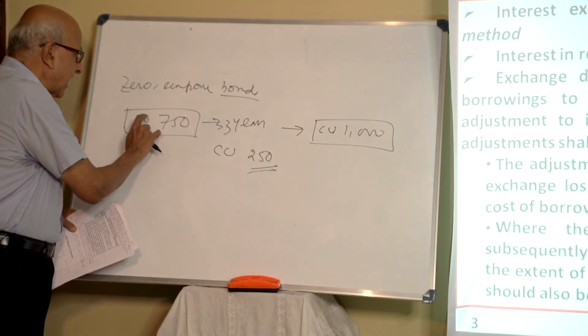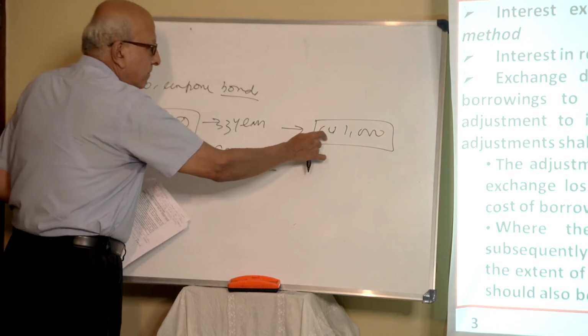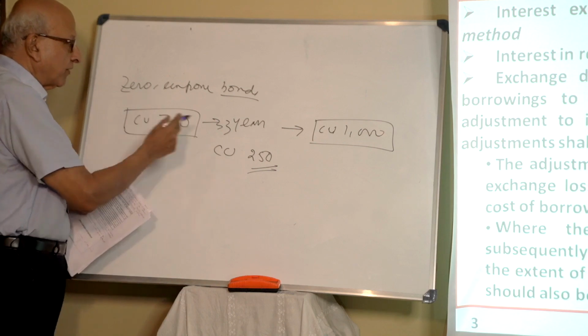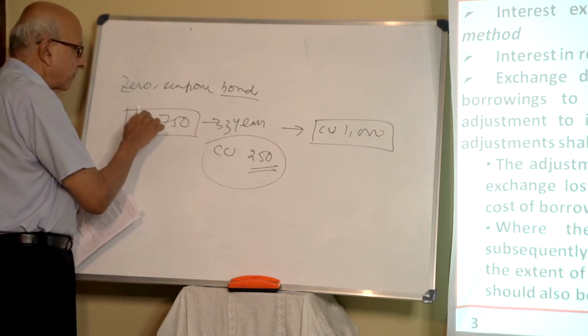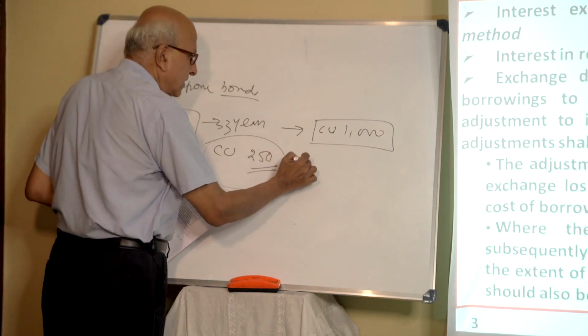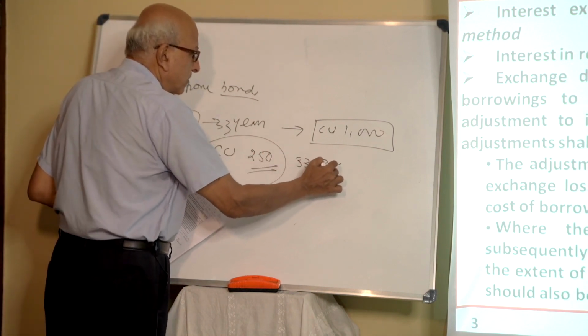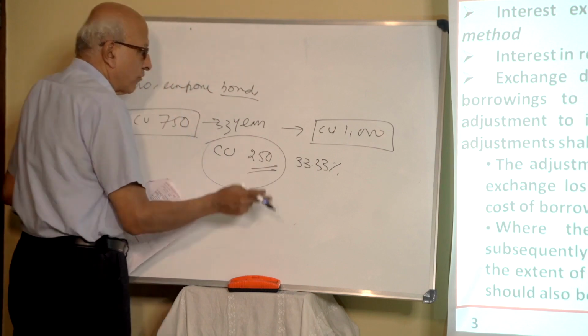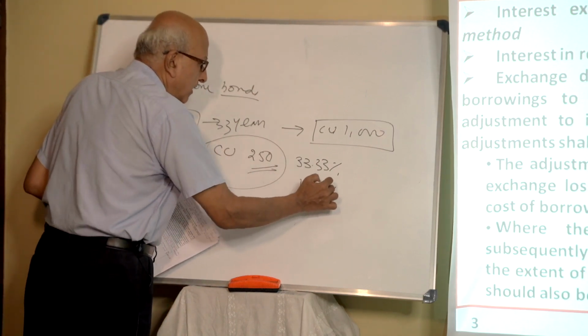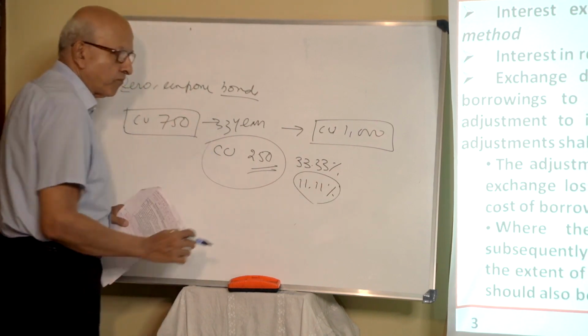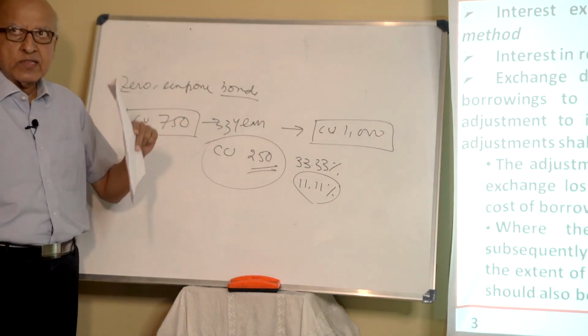The entity assumes 750, repays 1000, 250 is interest. So 250 is what percentage of 750? It is 1/3, that means 33.33%. For 3 years, 1 year is how much? 11.11% interest. Non-cumulative.